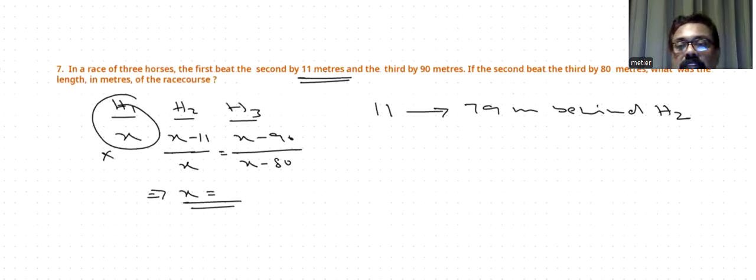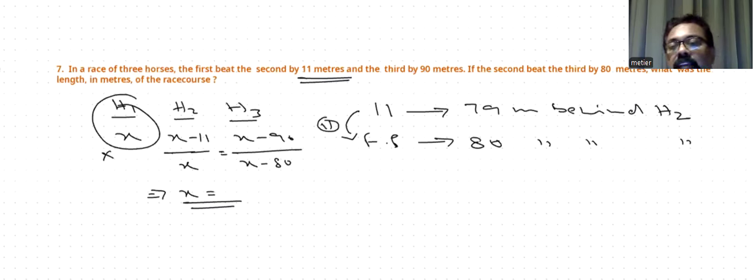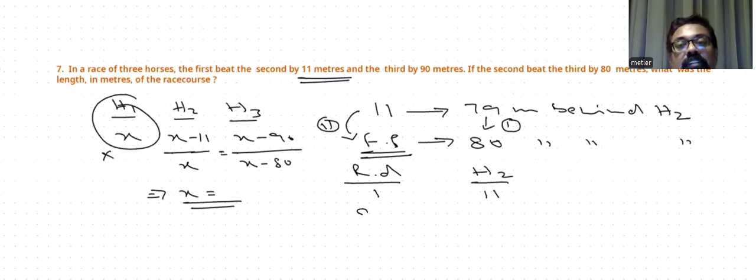Now, when the second horse reaches the finishing point, this distance is 80 meters. By the time the second horse covers this 11 meters, they have some relative distance by 1 more. Relative distance 1 means horse 2 traveled 11 meters. When horse 2 reaches the finishing point, the relative distance between the second and third horse is 80.